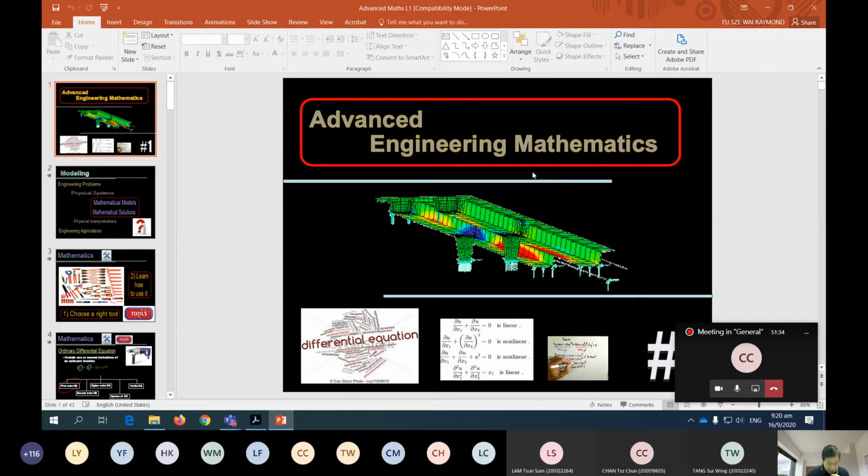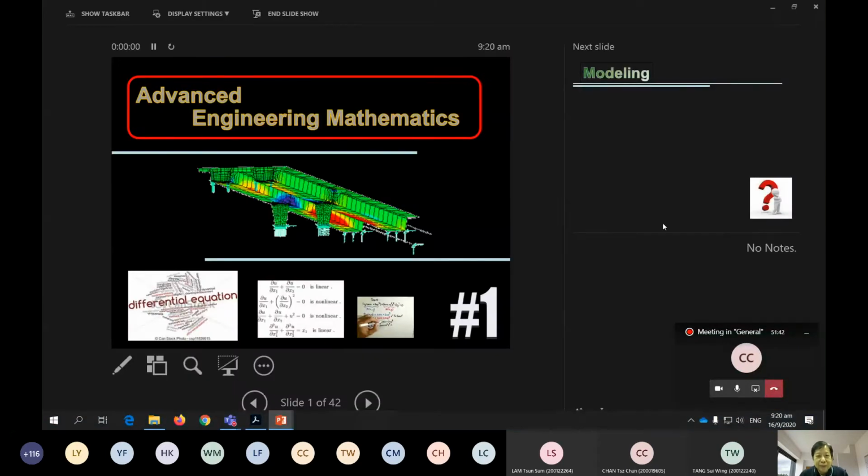Now, this is the PowerPoint for the courses, the first class. Let me press the button first. Okay. Can you see the screen? Can you see the screen?